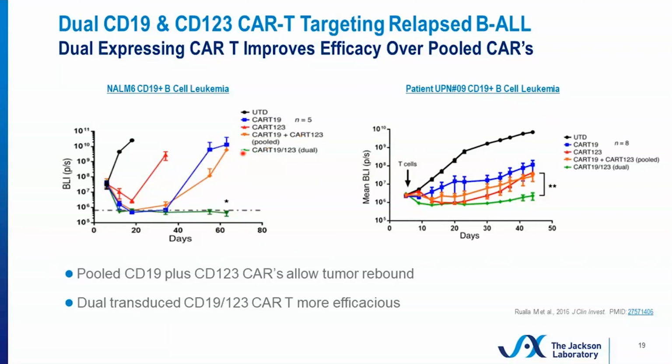And that's shown in green here. And what you can see, interestingly enough, those CAR T that were dual expressors did better than pooling the CAR Ts, both in the CDX model, but also in the patient-derived model, was much more efficacious.